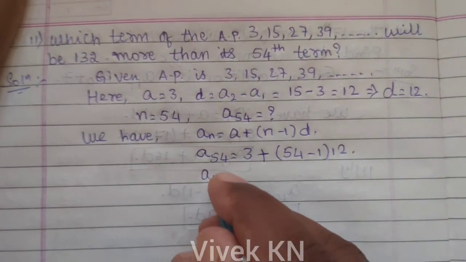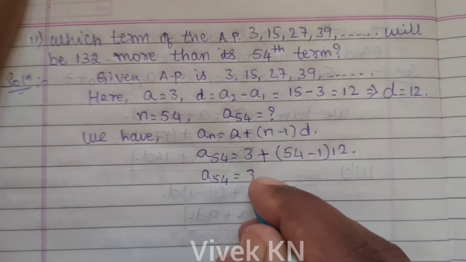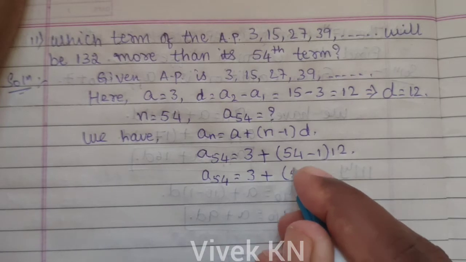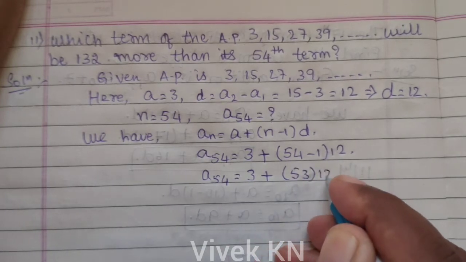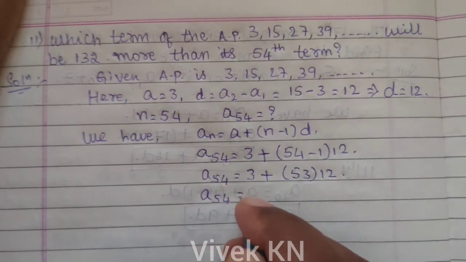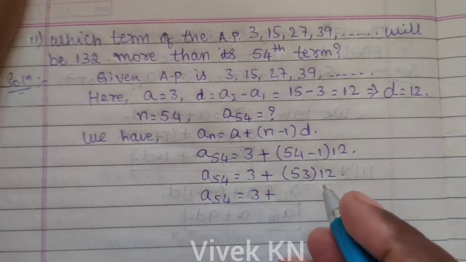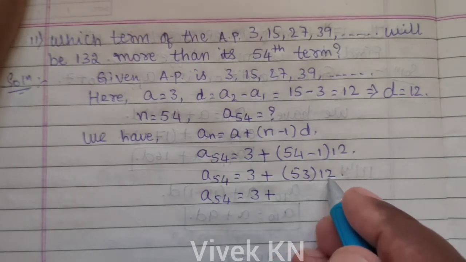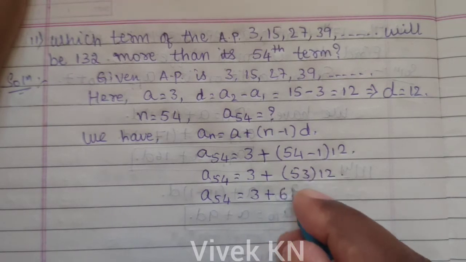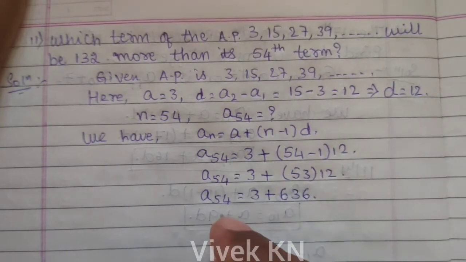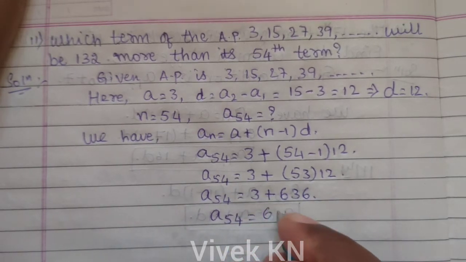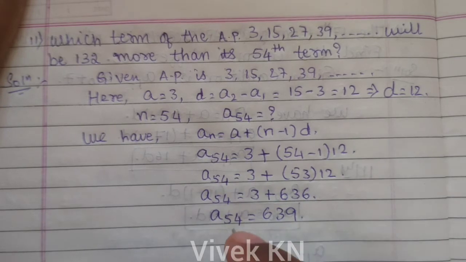So a54 is equal to 3 plus 54 minus 1 is 53 into 12. a54 is equal to 3 plus, multiplying 12 and 53, we get 636 as the answer. So the 54th term value is 639.